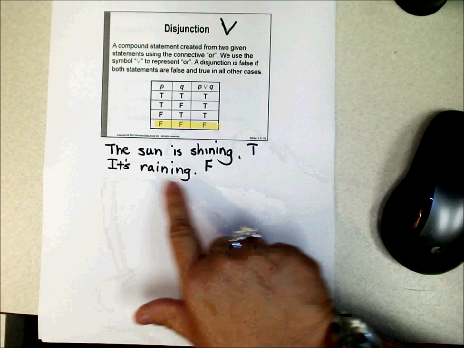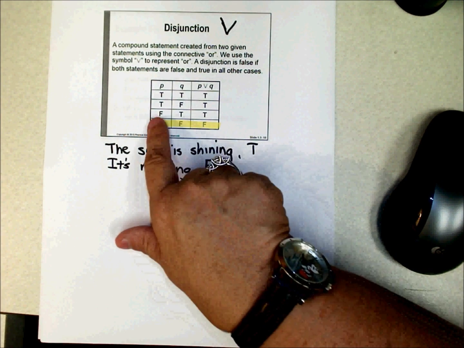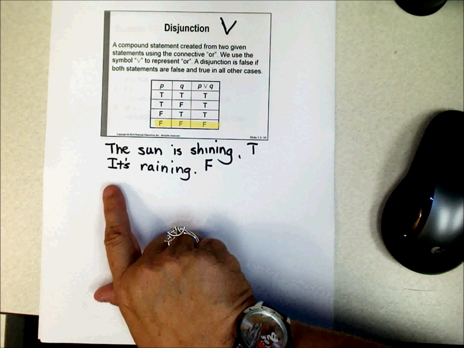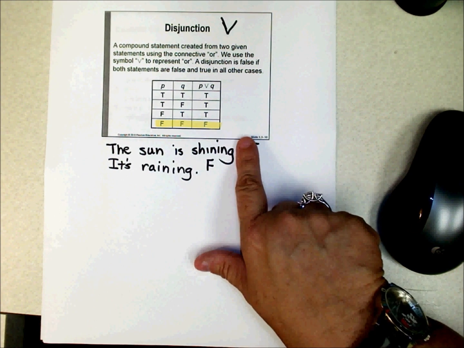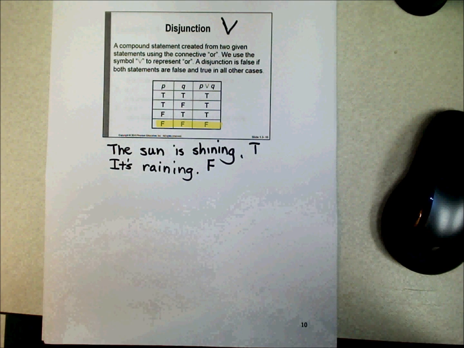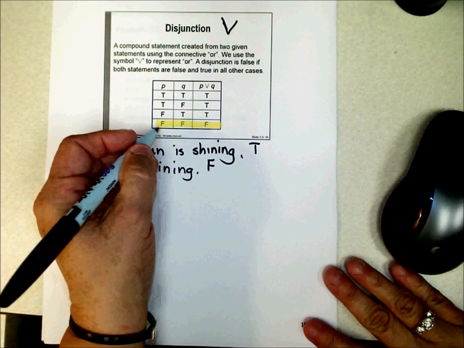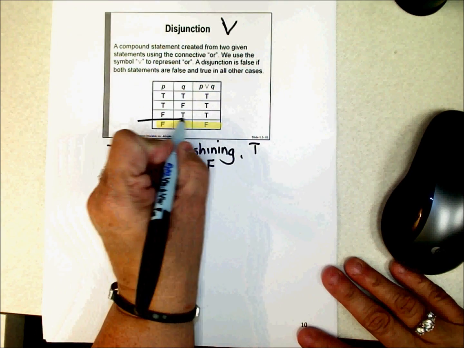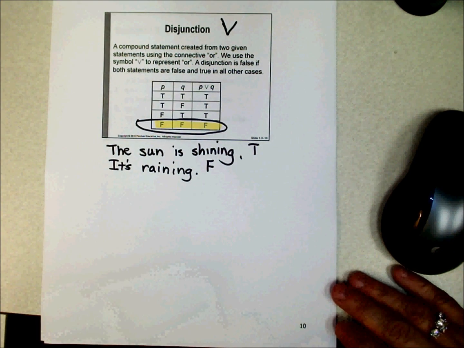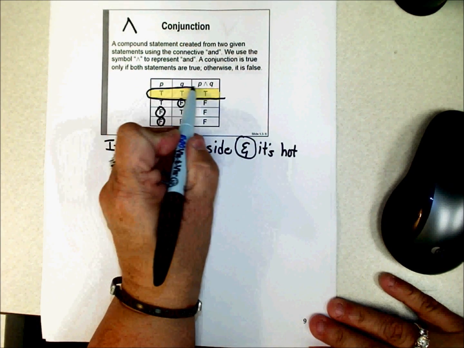That would be true because if I look outside, the sun is shining. Now if I did it the opposite, the sun is not shining, that would be false, and it's raining is true. So either the sun is not shining or it's not raining. Same thing. Just remember, when it's a disjunction, the only way for the answer to be false is if both are false. Back to the conjunction, the only way for the answer to be true is if both are true.